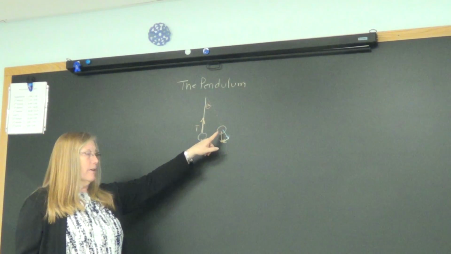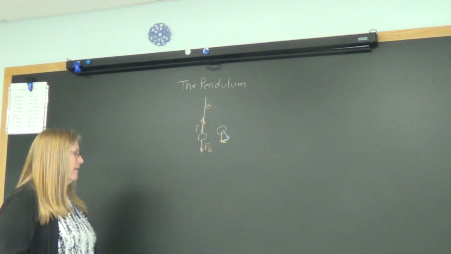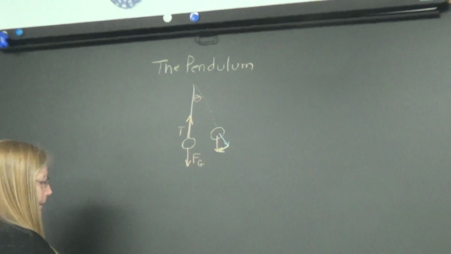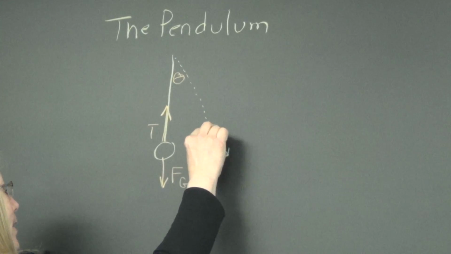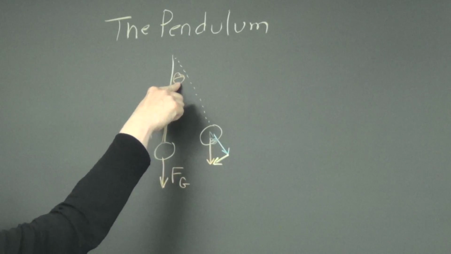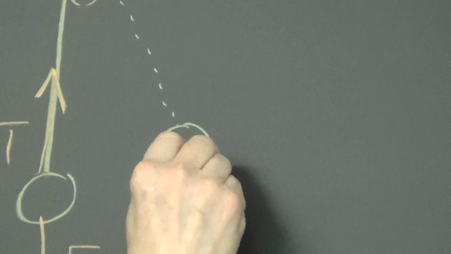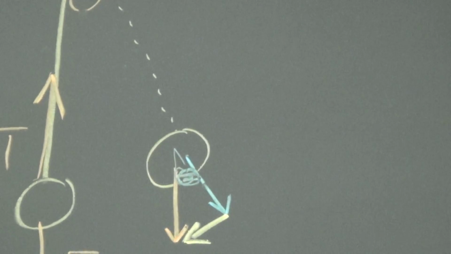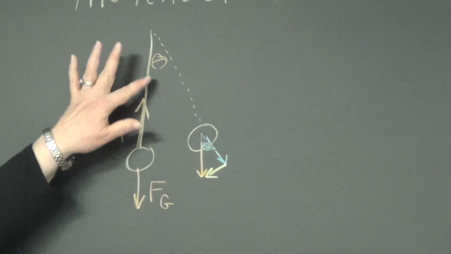When I go over here, it's at an angle. The force of gravity can now be broken into two components. Because this angle here is also theta, matching this angle here, a little geometry would convince you of that. They're similar triangles, so the angles are going to be alike.